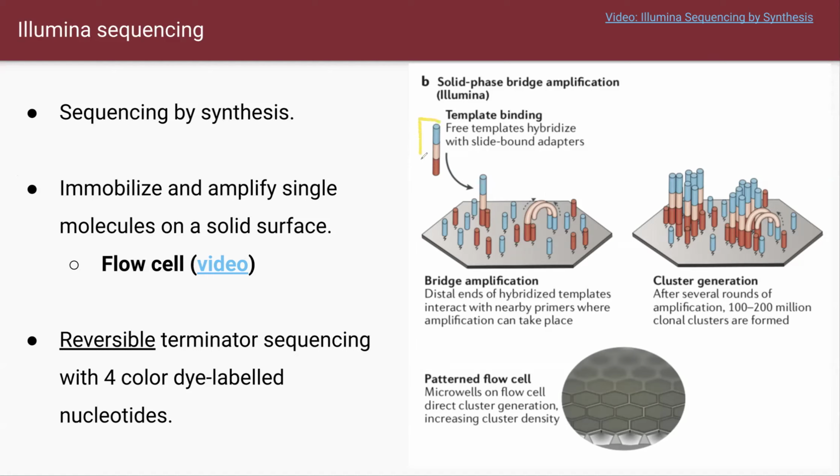So this is the library scheme. You have two adapters at the end of the DNA fragment, and this is the DNA fragment, right? So once you chop up your 3 billion base pair DNA sequence into very short fragments, then you put the adapters at the end of that. Then these adapters are used to bind to the priming station.